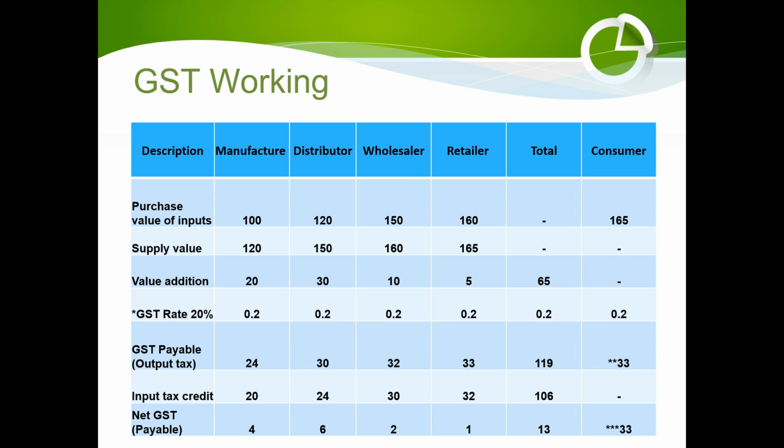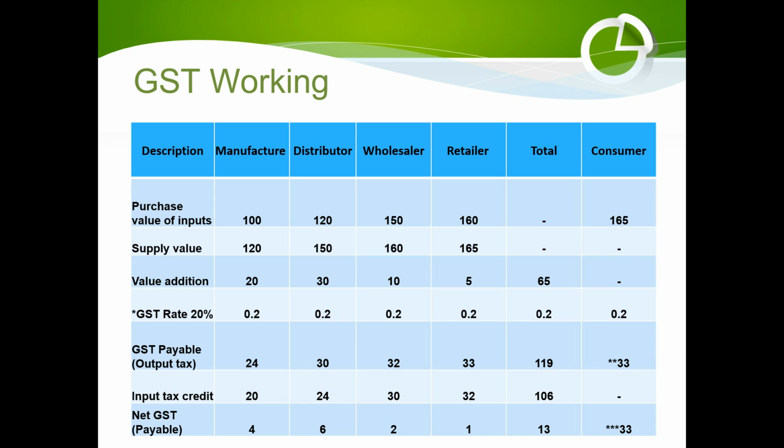The GST payable output tax is 24. 24 means the supply value 120 multiplied by the GST tax rate, that is called output tax payable, that is 24.